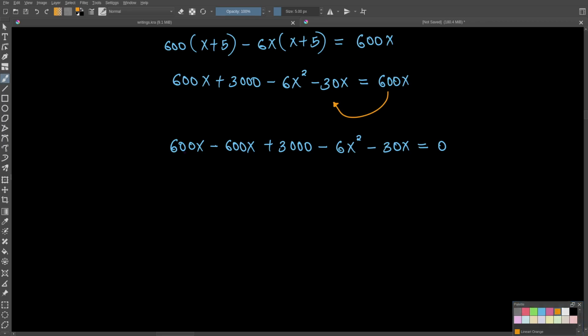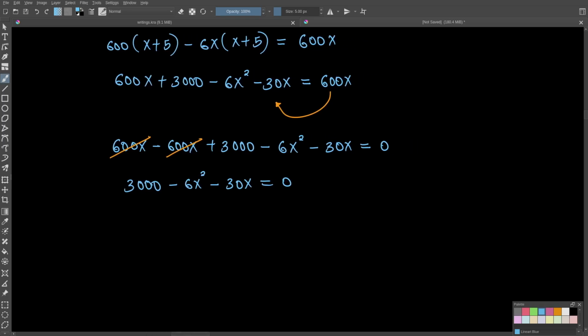So when you have plus 600x minus 600x, that's just 0. So we can forget about these two terms. So our equation now becomes 3000 minus 6x squared minus 30x, and this is equal to 0.